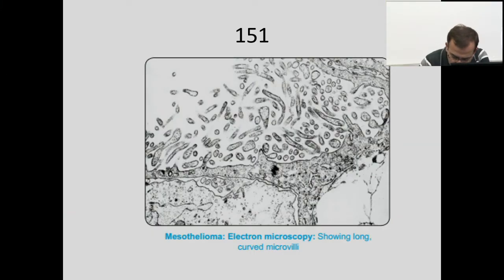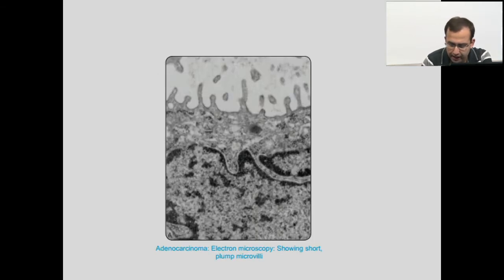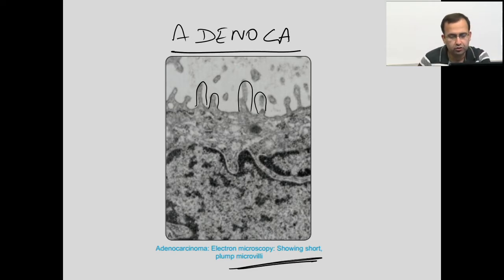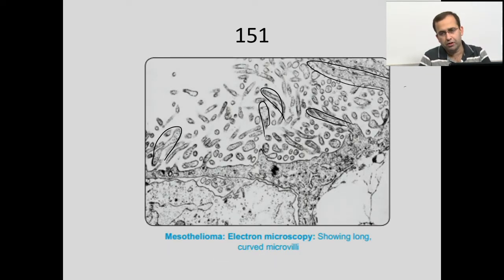This is the electron microscopy of mesothelioma, which is showing the presence of long curved microvilli, versus adenocarcinoma showing short plump microvilli. So this is adenocarcinoma versus mesothelioma.